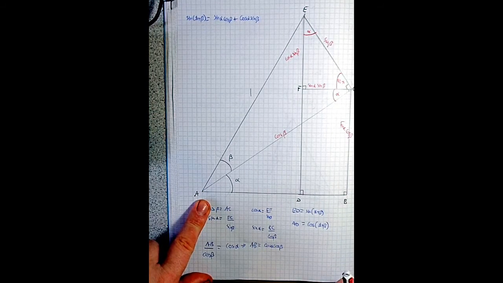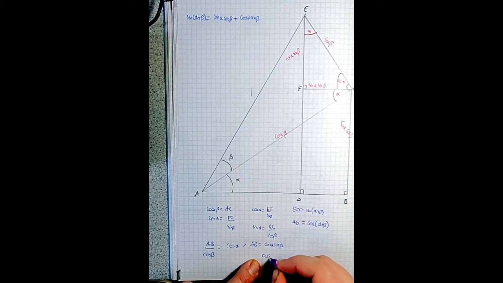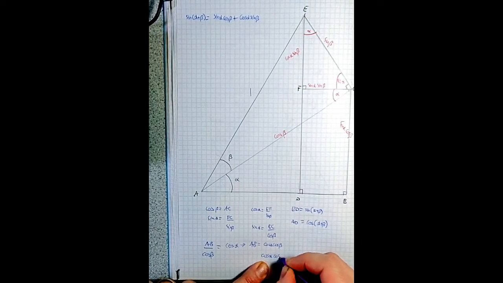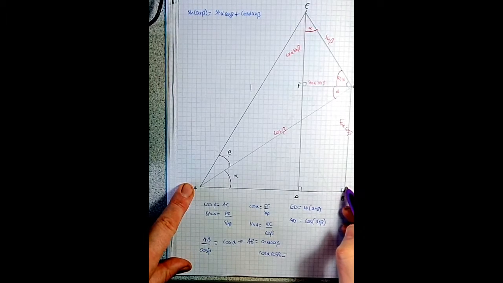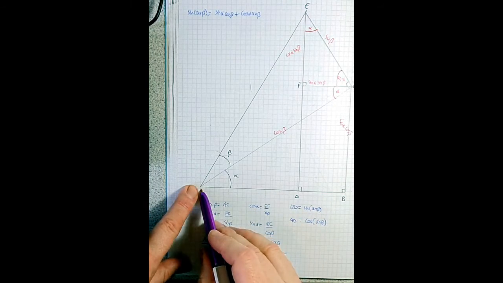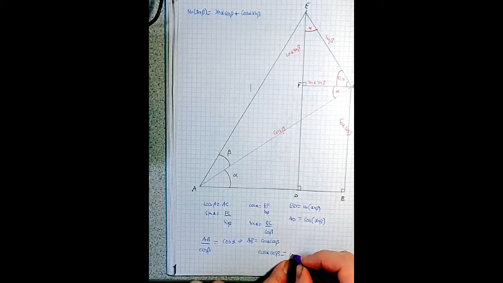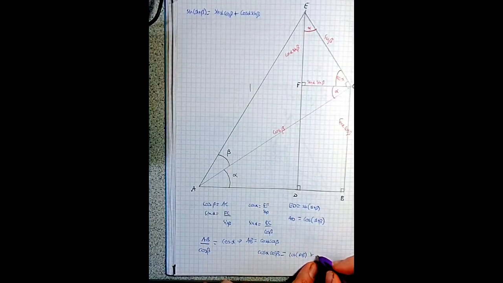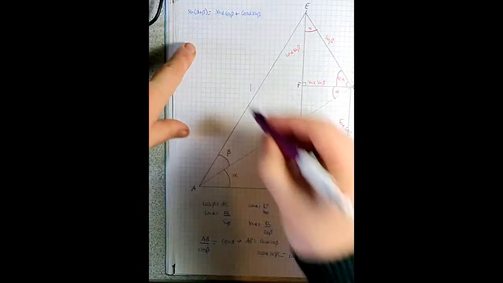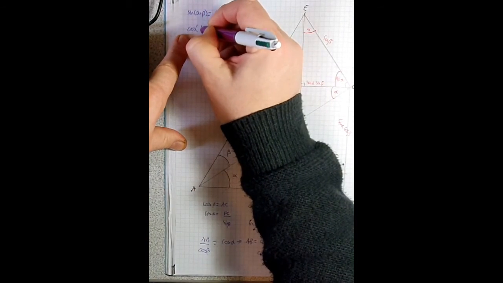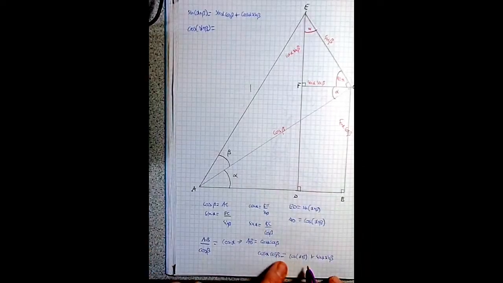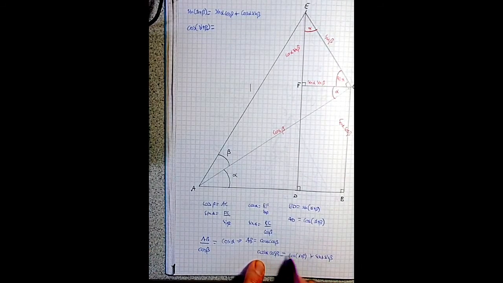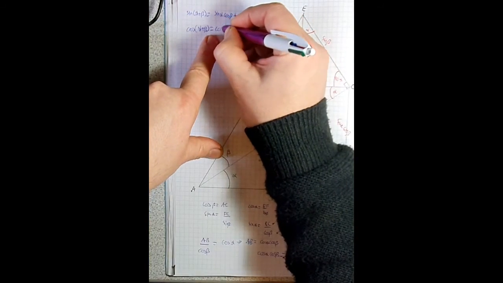So we can write that cos alpha cos beta is equal to cos of alpha plus beta plus this length here, sine alpha sine beta. If I rearrange this, I get cos of alpha plus beta equals cos alpha cos beta minus sine alpha sine beta.